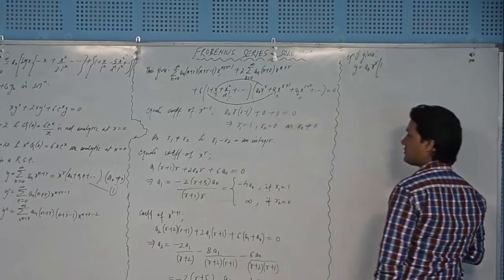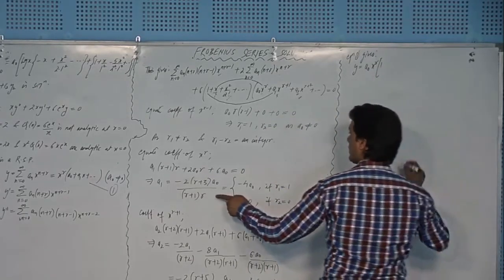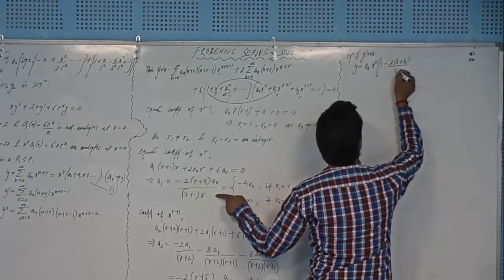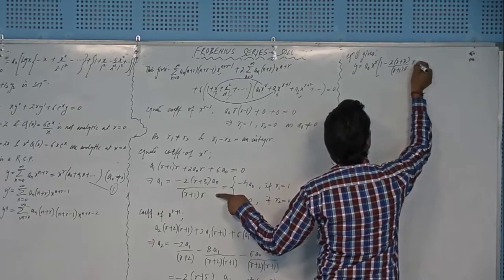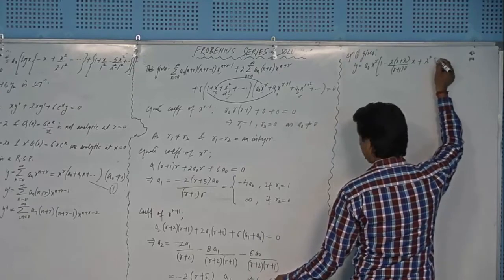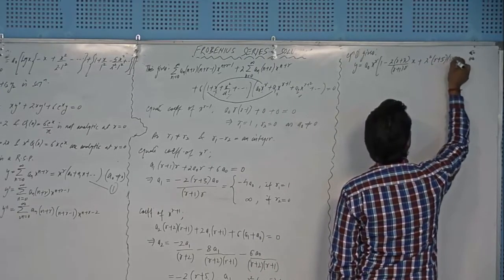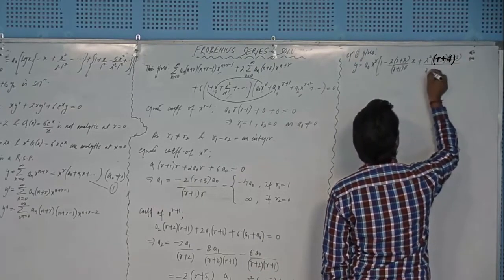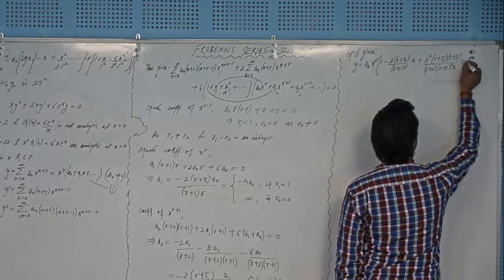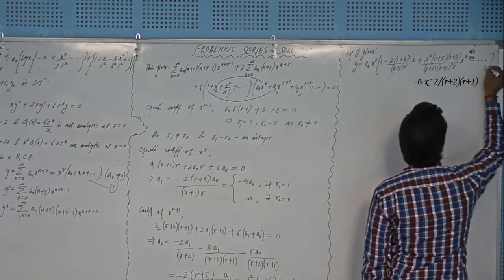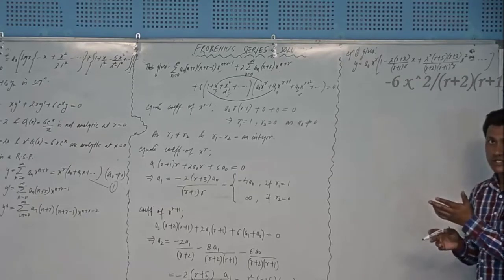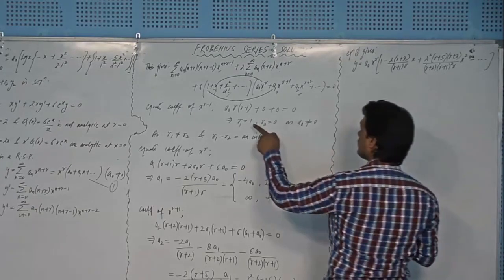First term will be 1, then a1, minus 2 times (r plus 3) over (r plus 1) x, and another term is plus 2 square (r plus 5)(r plus 3) over (r plus 2)(r plus 1) whole square x square, and so on. So this is y in terms of r, and from here you can calculate y1 by just plugging the biggest root, that is 1.